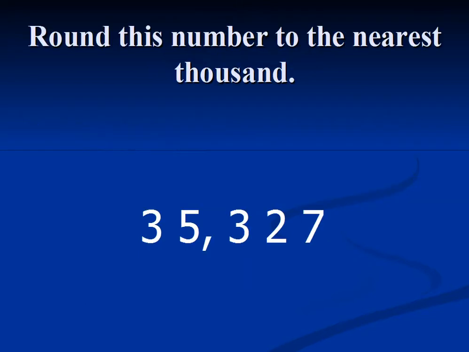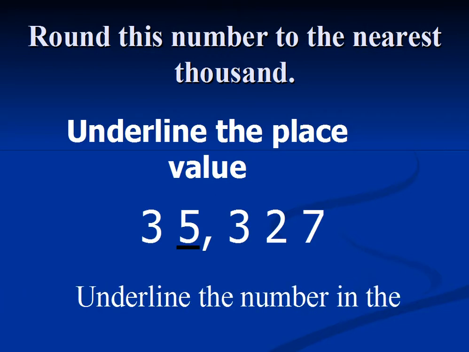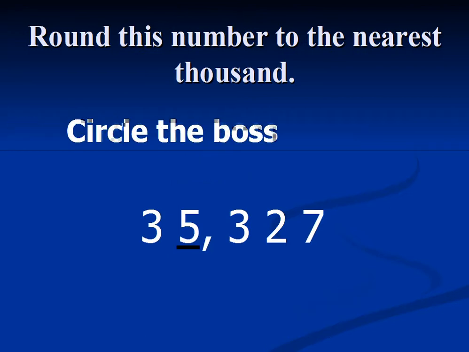So let's do more examples. 35,327. We're going to round this to the nearest thousand. First step, underline the place value. Underline to the nearest thousand, so we need to make sure we underline the digit in the thousand place. That would be the 5. Next thing, circle the boss. The boss is to the right of the number we just underlined.